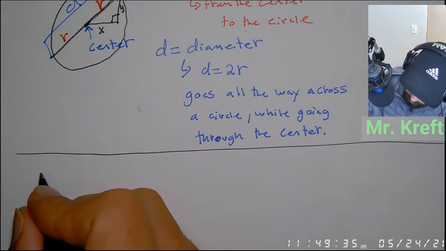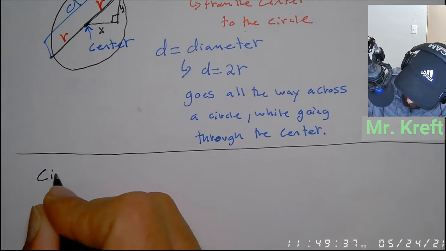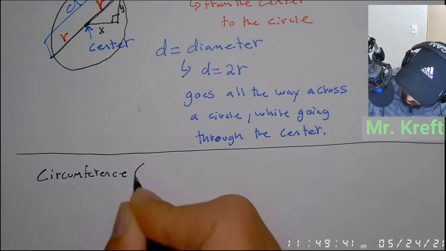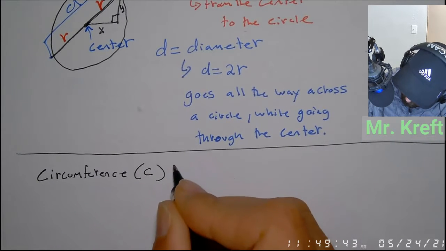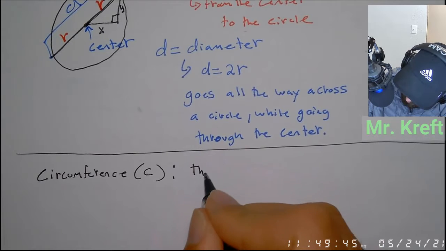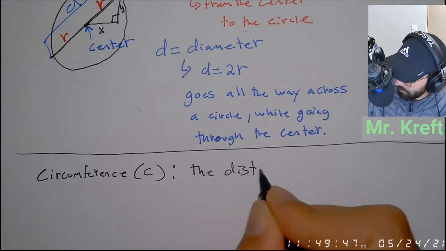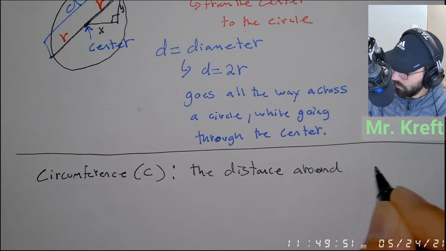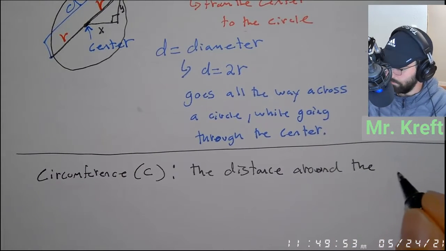So there's circumference. So what's the circumference? The circumference, and we usually call it C, is the distance around the circle.